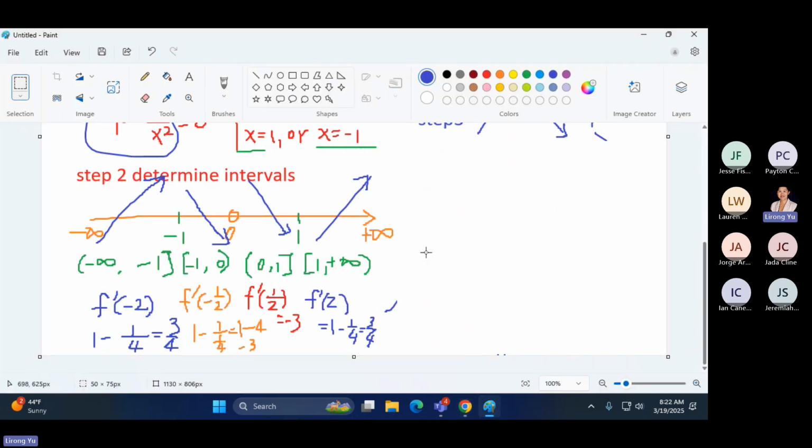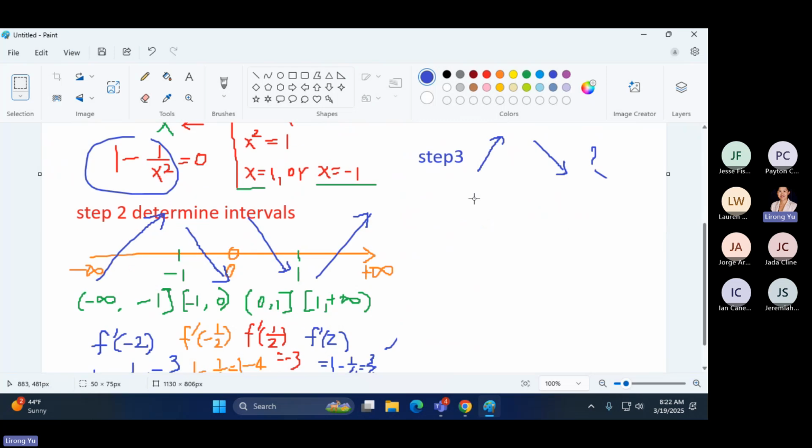All right, we identify the increasing interval, right? And then over here you see the interval that is increasing. Like this is increasing, right? And then that one is increasing. And then the other two intervals are decreasing.